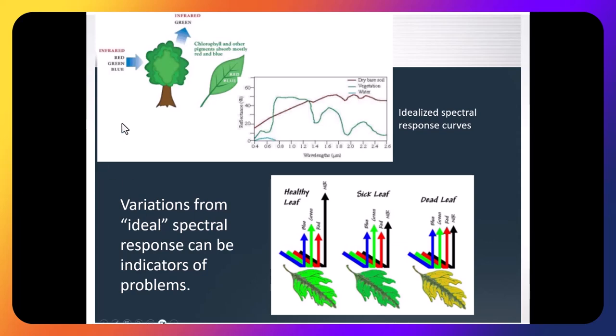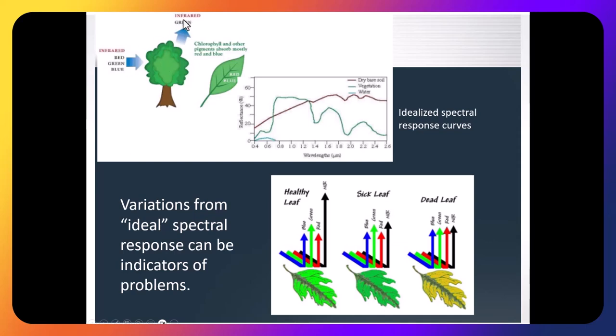So here we see red, green, and blue light coming in and green coming off. Now this is coming from the side. For passive remote sensing, this arrow would be pointing from up above, but just in principle here, the red and the blue are absorbed and the green is emitted. And that's what we can detect. And the same thing happens with infrared coming in and infrared being emitted as well.